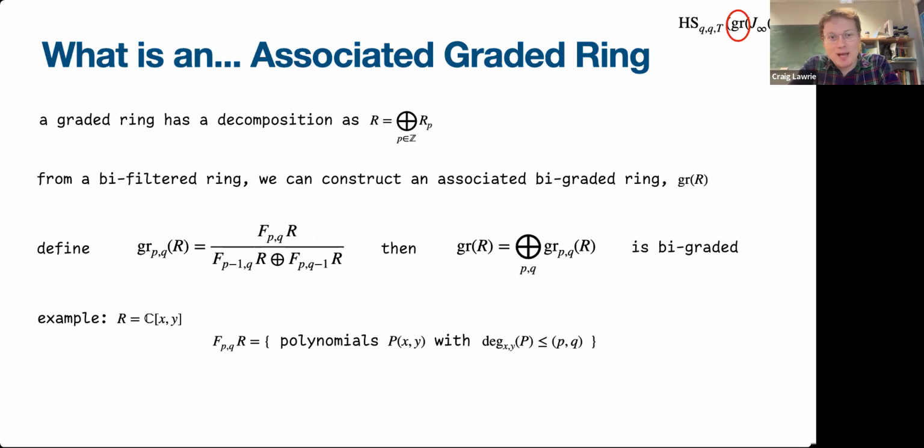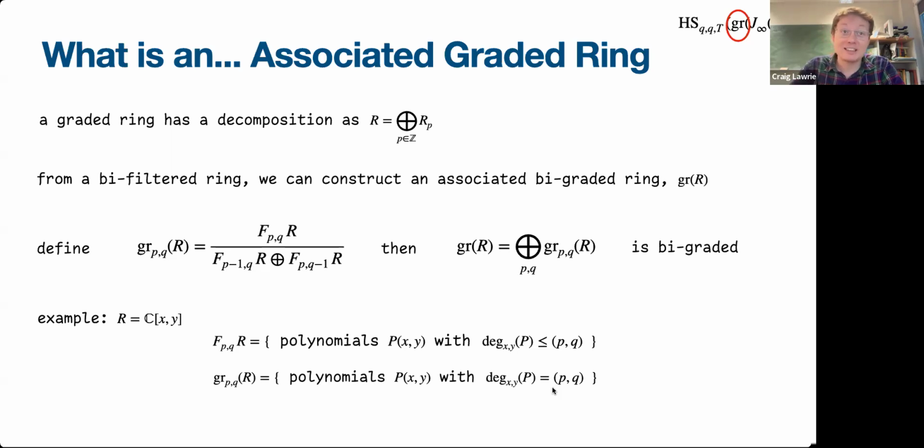That is, if we go back to our previous example, if you take all polynomials of degree less than or equal to (P,Q), that defines a filtration for you, or a bifiltration. The associated graded's (P,Q) piece is then just all polynomials with degrees exactly P and Q, because we've quotiented out by the other stuff.